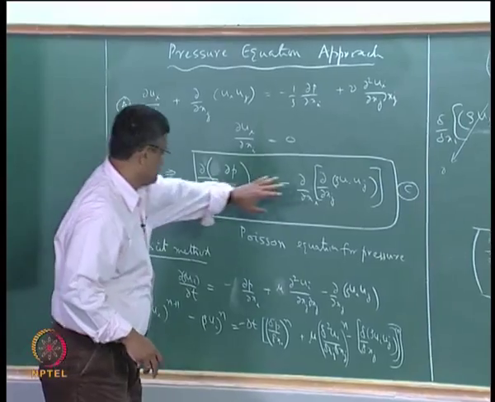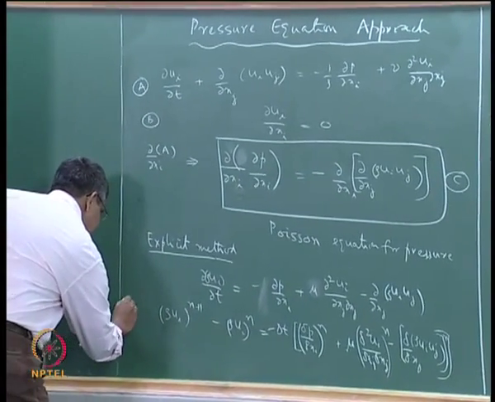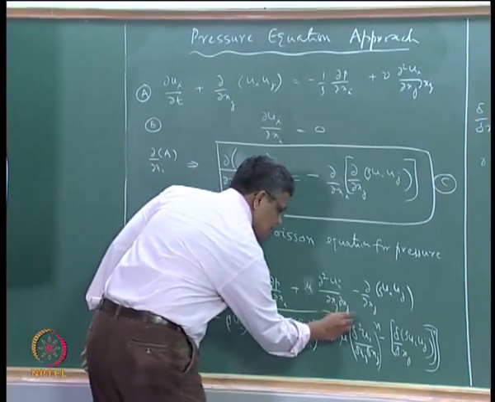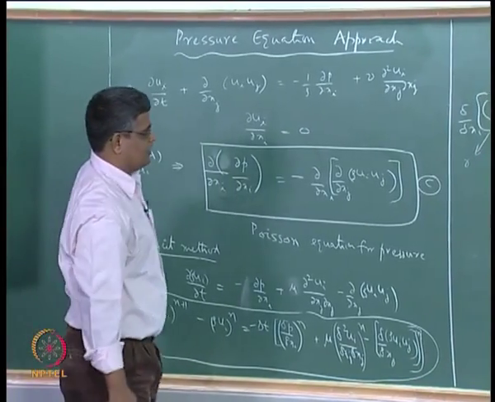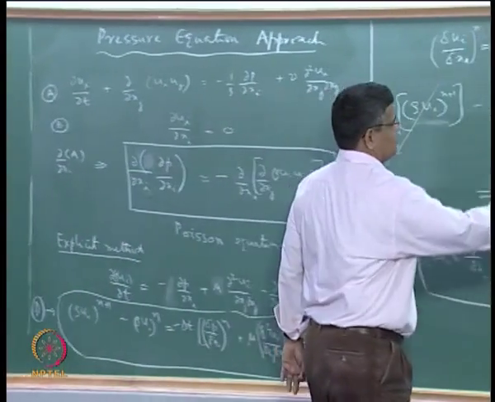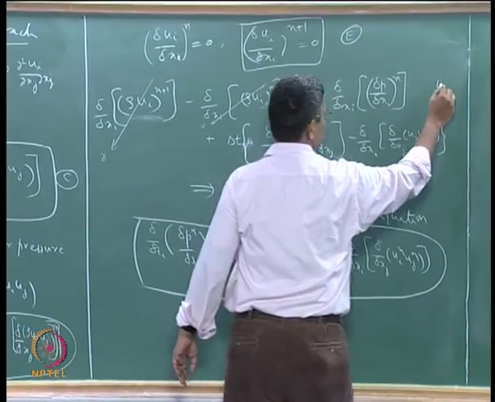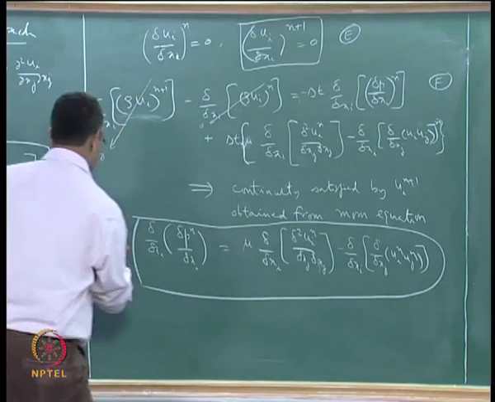Okay, so we have equation C here, and let us call this equation D. And this is our equation E, and this is equation F, and finally we have equation G here.